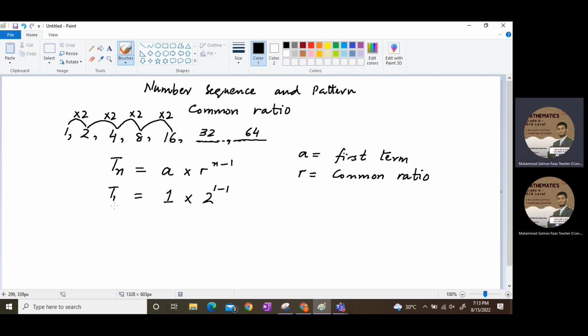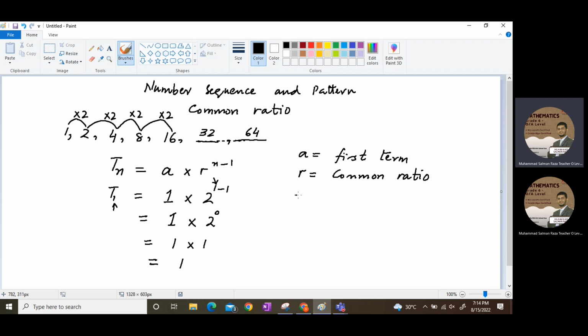Whatever value you put for n, you put it here. So the first term is 1 times 2 to the power 0. 1 minus 1 is 0, and mathematically when a number has an exponent of 0, it becomes 1. So 1 times 1 is 1. You can see that the first term is 1.